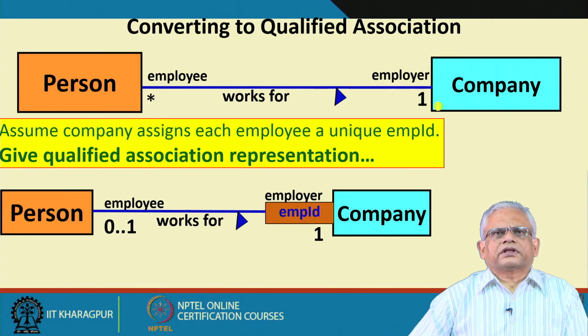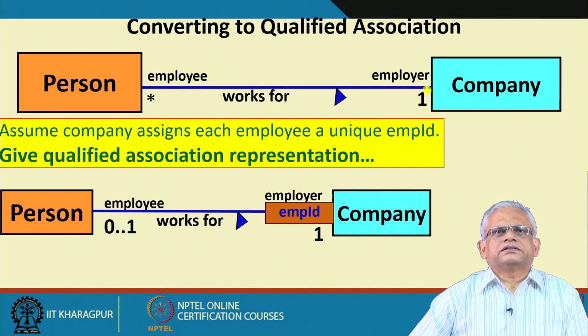Now, let's do this exercise. A company employs many persons, and the roles here: company is the employer and person is the employee. Or we can also read it as, a person works for a single company.